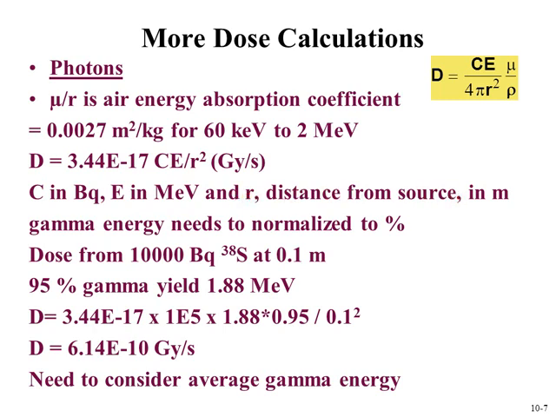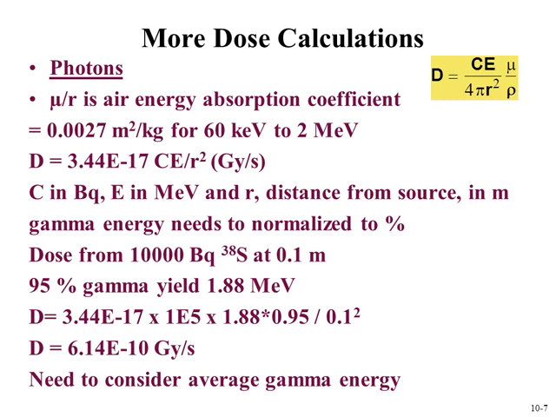And remember, we also need to normalize our gamma energy to the yield of photons. So when we take C in becquerels, unless the photon yield is 100%, we need to take that into consideration.